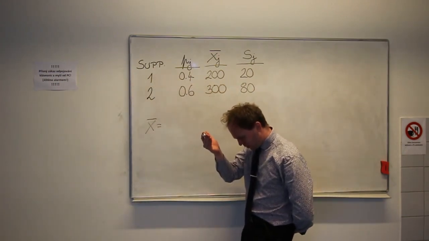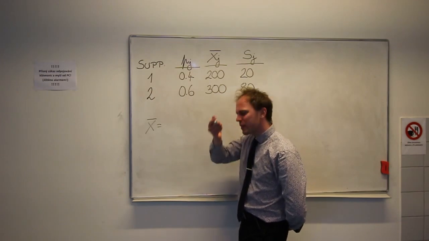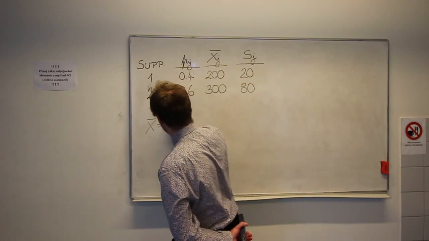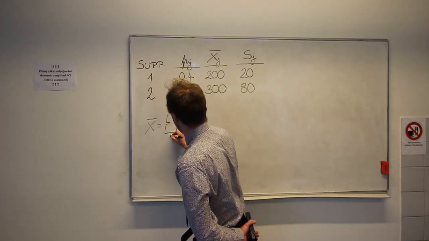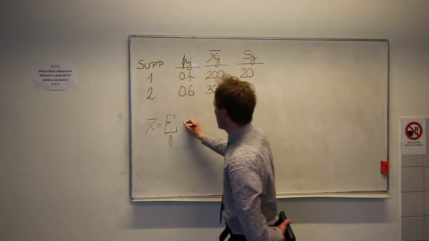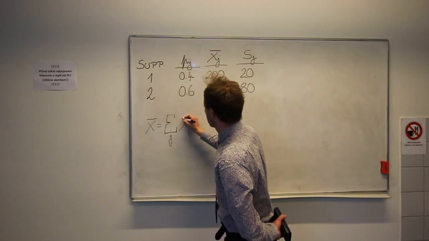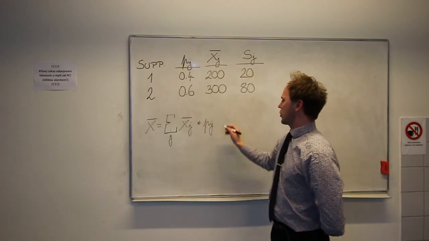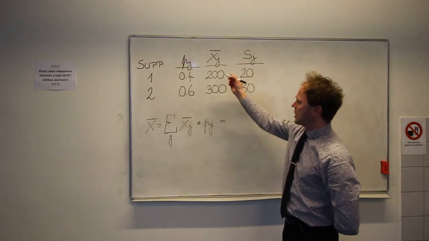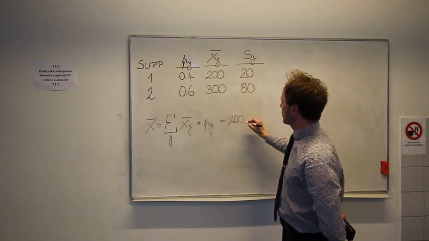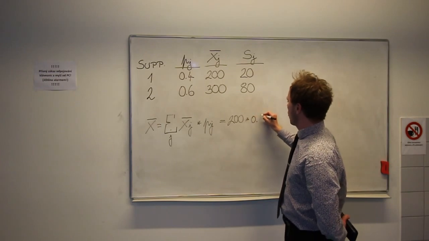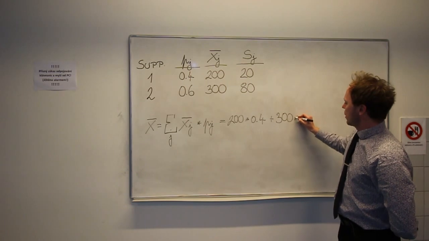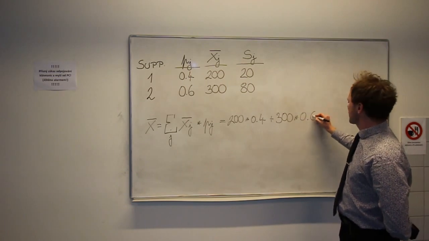Do you remember the formula for the weighted average on the basis of relative frequencies? We can write summation through all j, x_j with stripe, weighted by p_j, proportions, so you can see 200 weighted by 0.4 plus 300 weighted by 0.6.